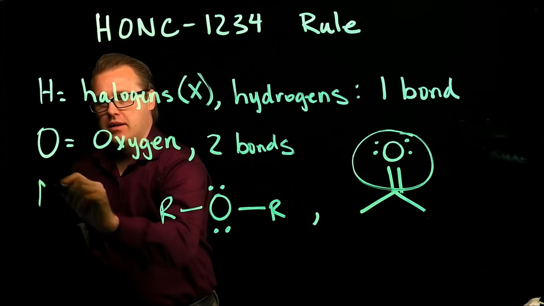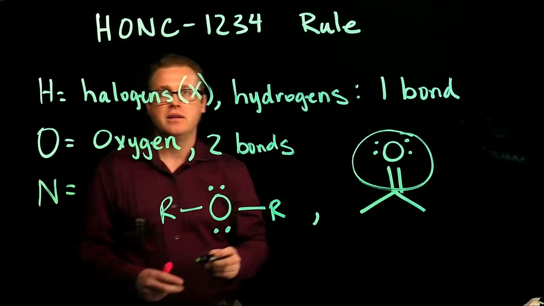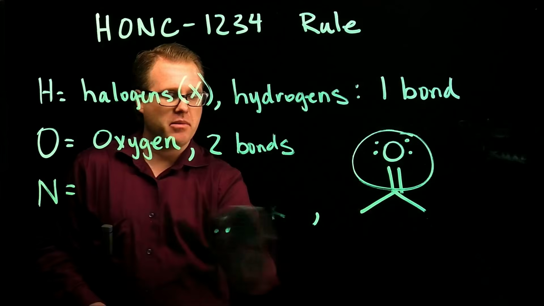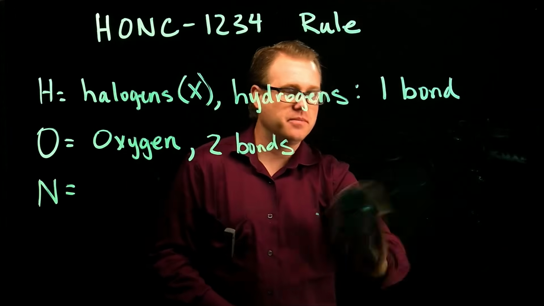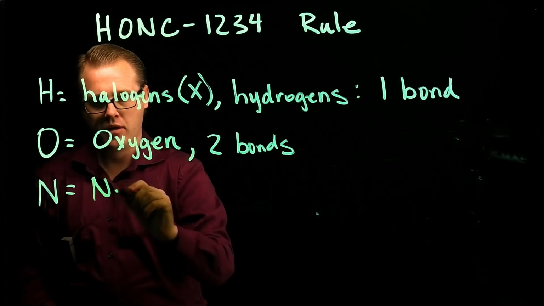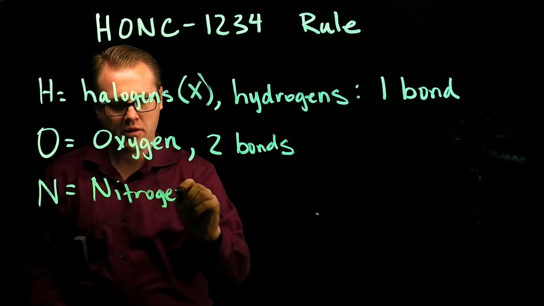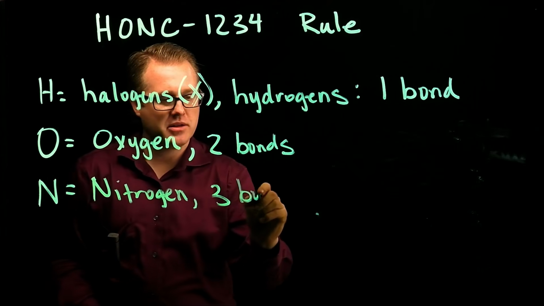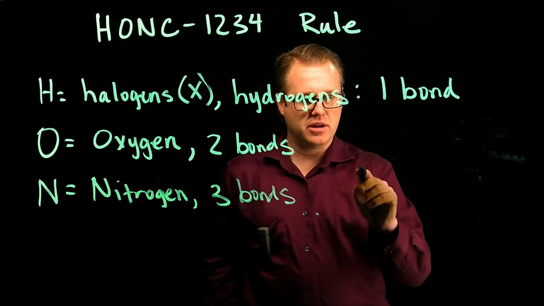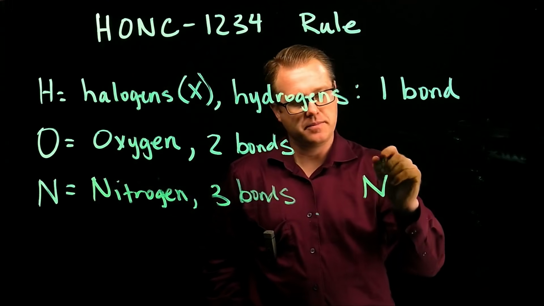The next one, nitrogen. In nitrogen, how many bonds do you think nitrogen holds? Well, the HONK rule tells us that it's 3. So 3 bonds. So we would see a nitrogen species that looks like this.